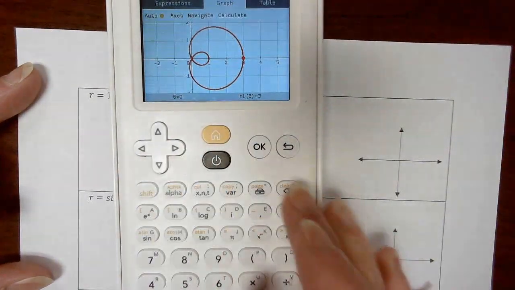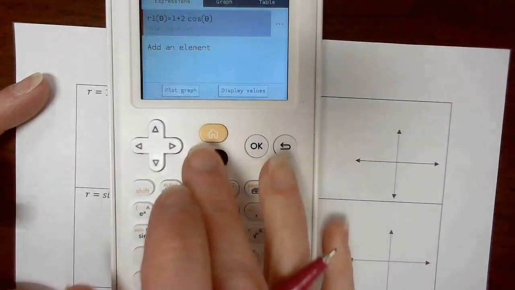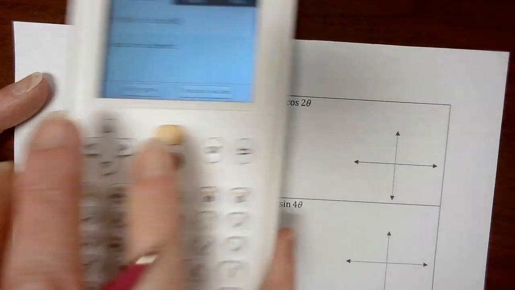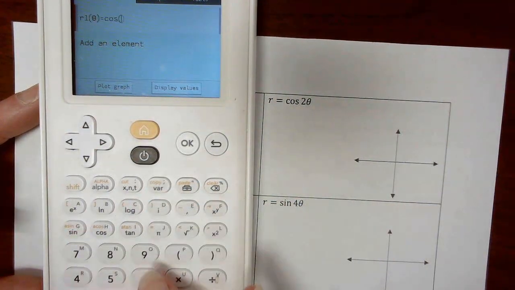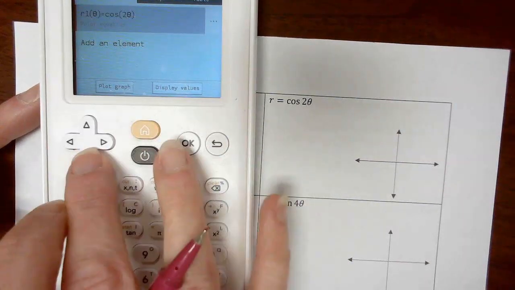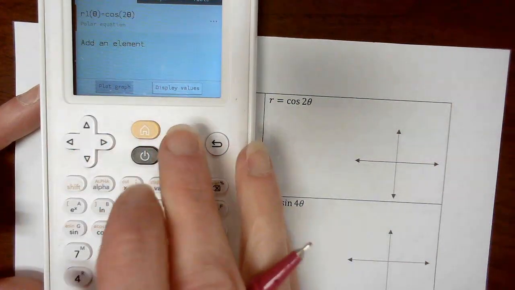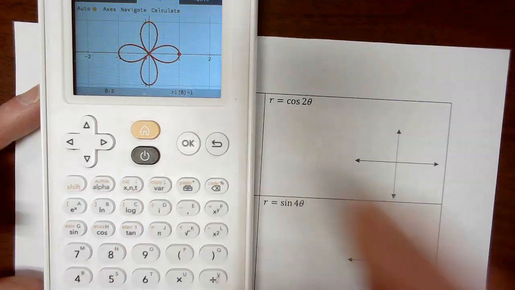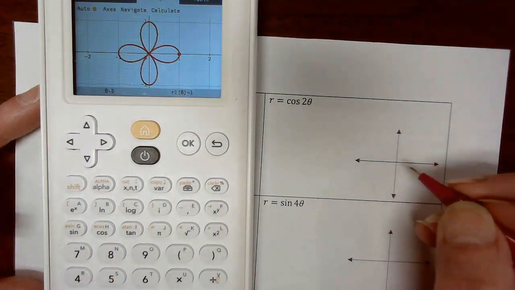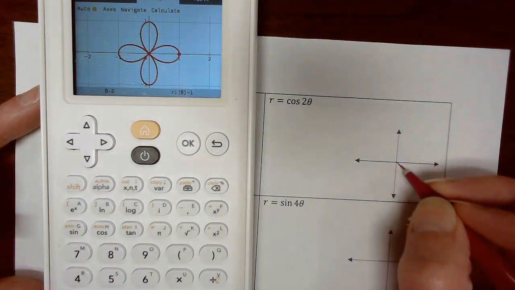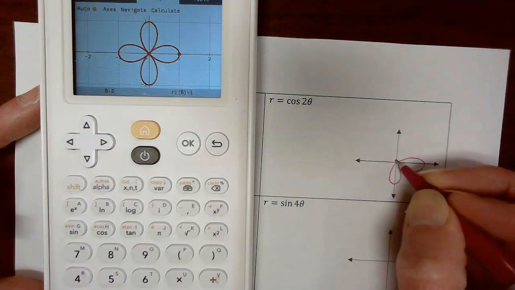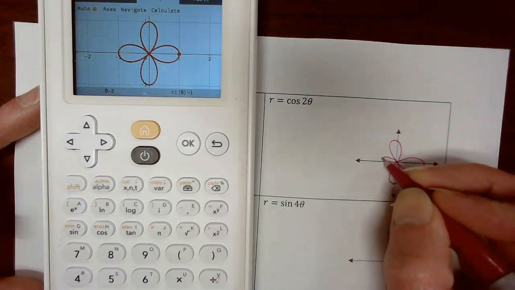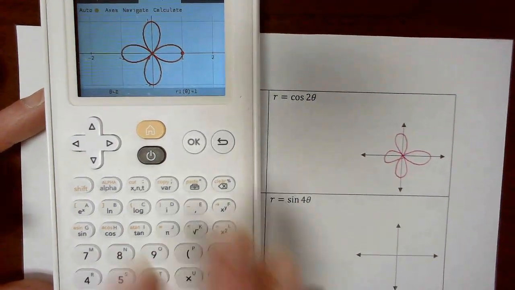By the way, these all have different names for them, and we're going to talk about those in a second, but right now I'm just kind of exploring. Cosine 2 theta. Oh, cool. This one turned into a 4-leaf flower. We have another one here, and then another petal over here. That's pretty cool.